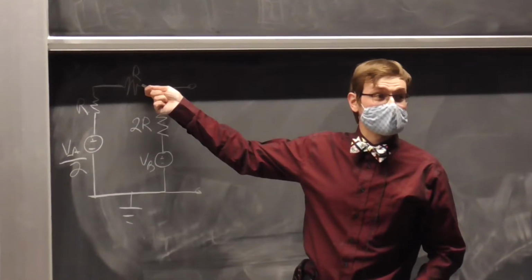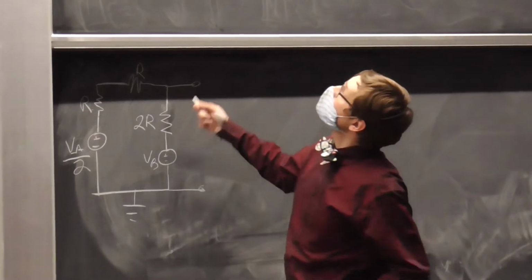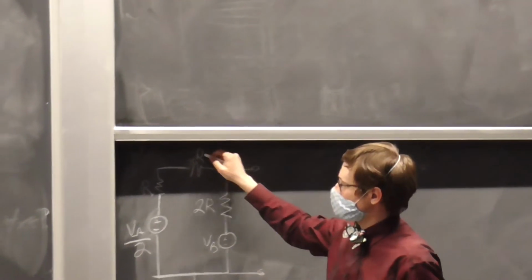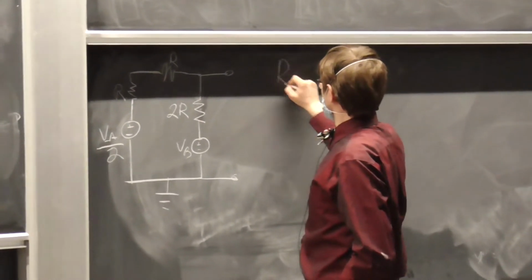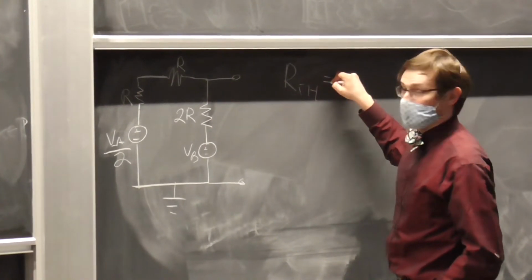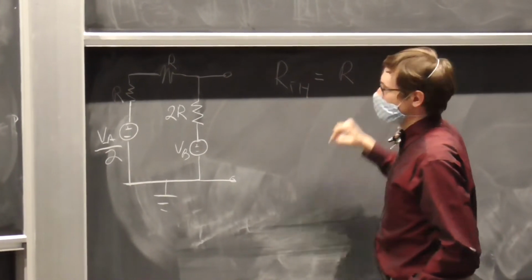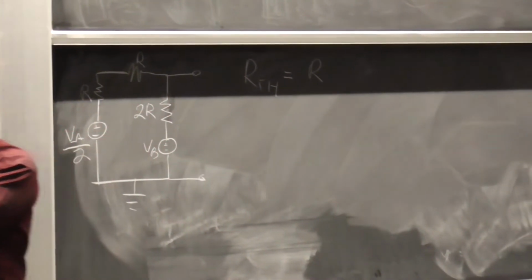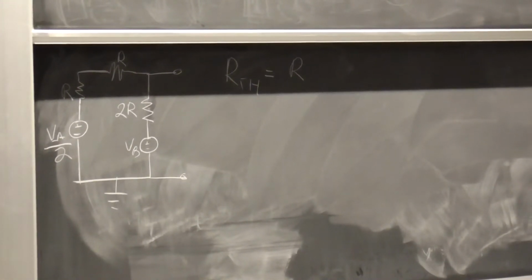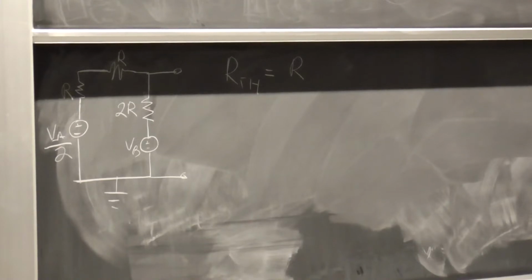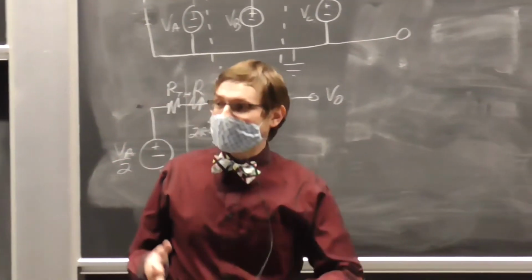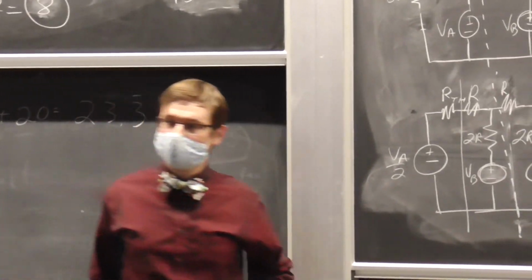Add these two together, you get 2R, right? Then we're right back in that position, right? So the Thevenin equivalent resistance of this entire circuit is, once again, R. That is actually the whole way that this thing works. The thing that actually makes a ladder DAC work is whenever you look back in the circuit, the equivalent resistance of that circuit is always going to be equal to R. That way, as we're going to see, you get voltage division at every step, right?